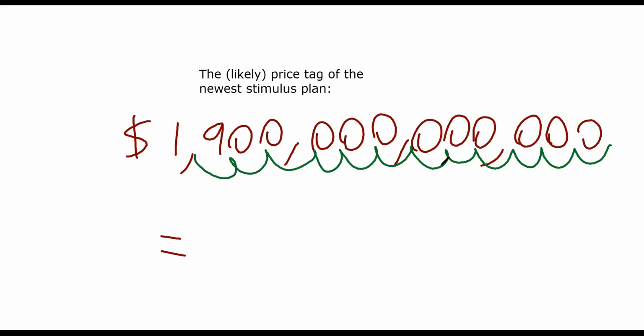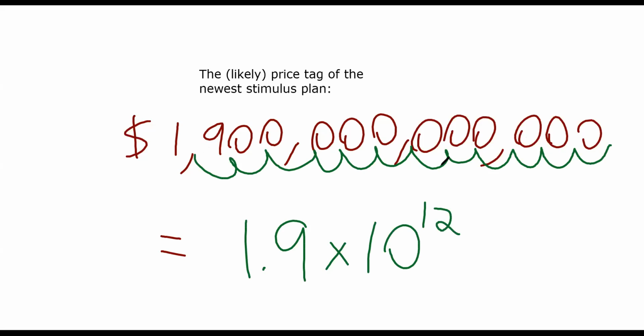Now, you might say you moved it to the left. Don't think of it like that. Just tell yourself it was 12 places. And then is the power of 10 going to be positive or negative? Positive, because you were talking about a really massive number. So the next stimulus plan is 1.9 times 10 to the 12th dollars.